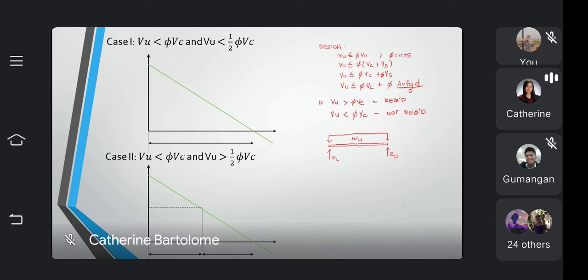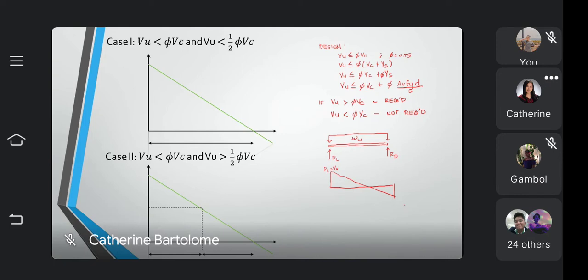How about for shear? So, paano ba yung shear nito? So, this is based on the reaction. Okay, so, pretend this is equal kasi uniform load lang to. So, RL is your ultimate shear. Tama ba?